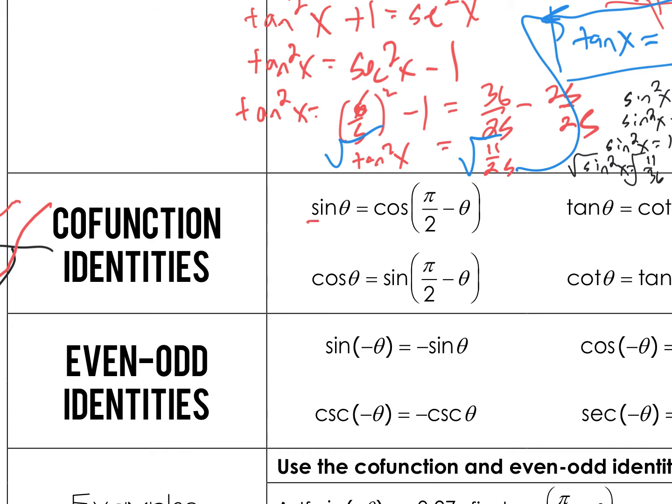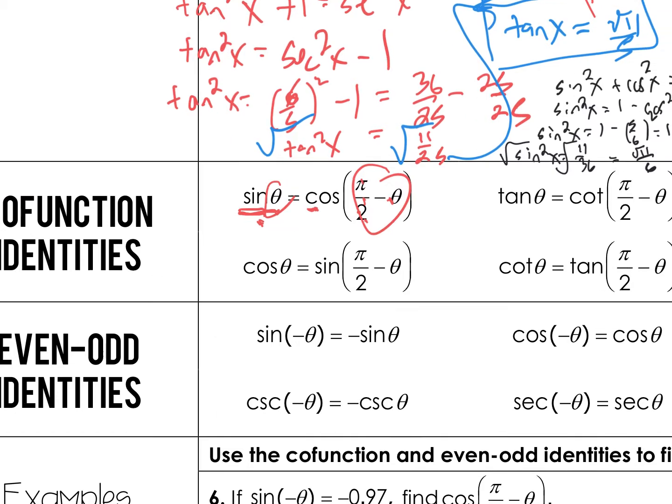For sine of any angle, if all you knew was sine, then the answer for the cosine would be pi over 2, which is 90 degrees, minus the angle you have. So sine of 30 would be equal to cosine of 60, because 60 and 30 add up to 90 degrees. In other words, these two angles have to add up to 90 degrees or pi over 2.